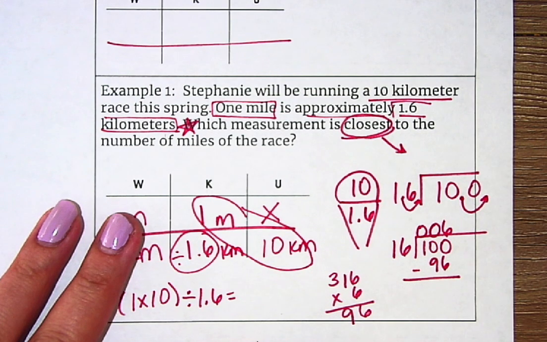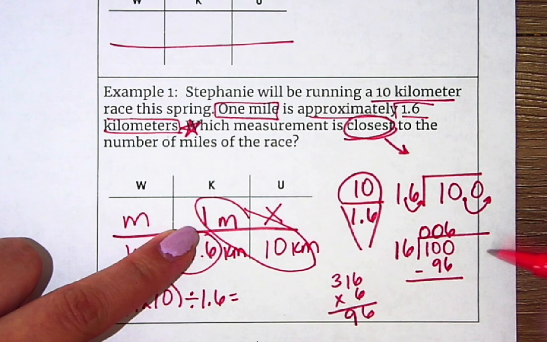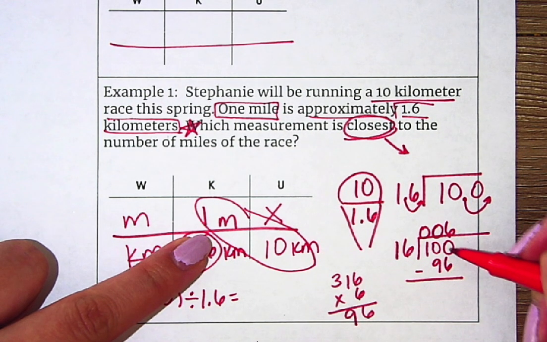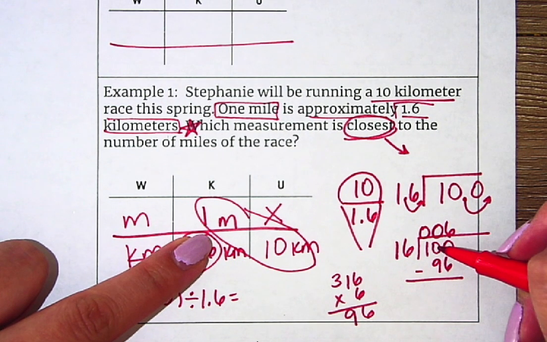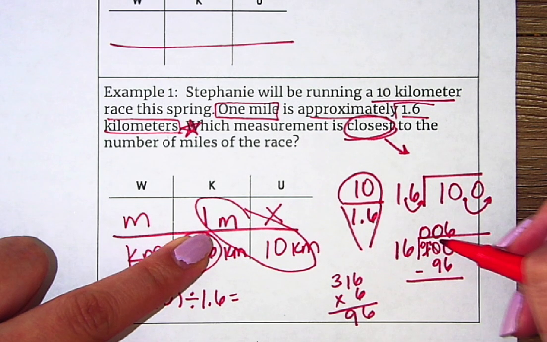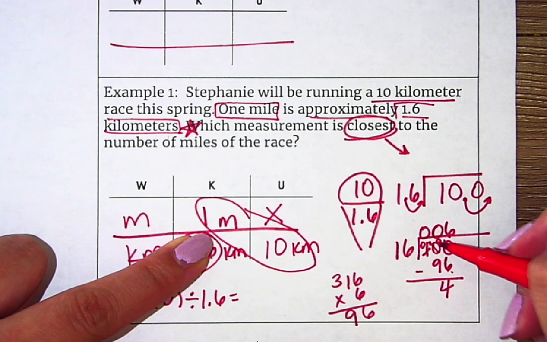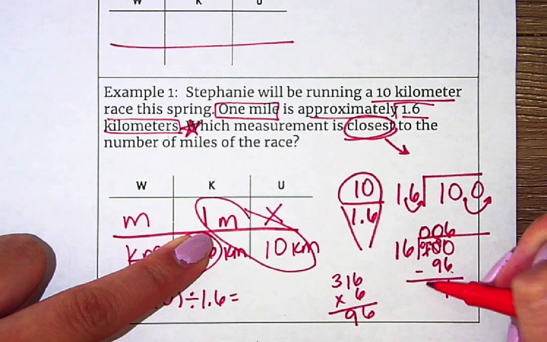I'm gonna divide 100 minus 96. Okay? So I cannot subtract 0 from 6. I have to borrow. The next number is a 0. I have to borrow one more time. Okay? We got 10 minus 6, which is 4. 9 minus 9, which is 0.